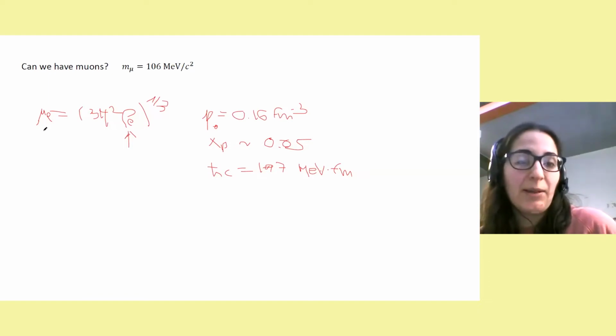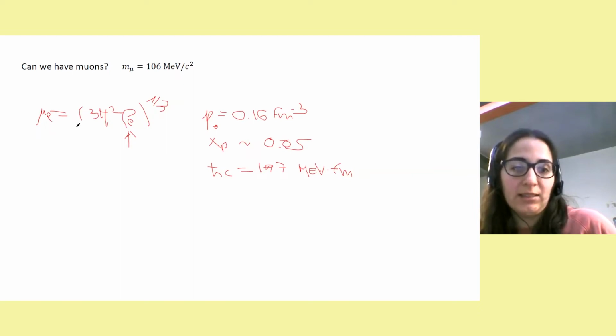Okay, I'm saying that I want to calculate the electron chemical potential, mu_e, at saturation density. This is (3π² times the electron density)^(1/3). And this electron density, we saw that by conservation of electrical charge, has to be the proton density, and proton density is the proton fraction times the baryonic density, which we take at saturation density, so 0.16 fm^-3.